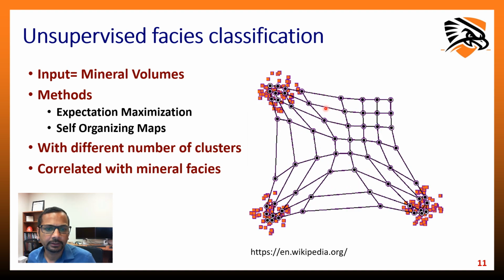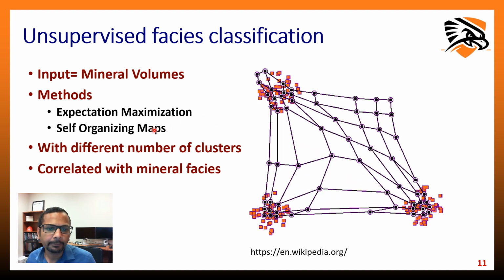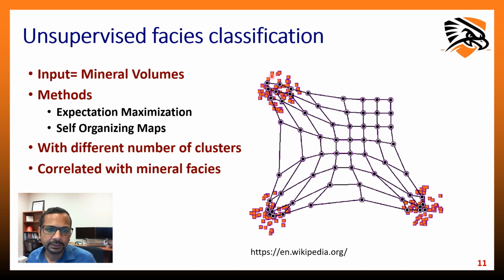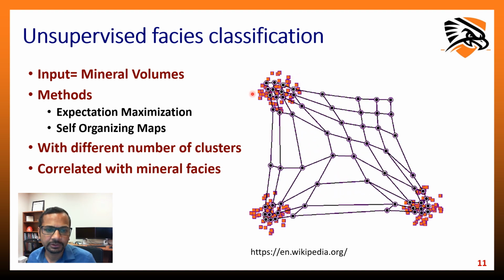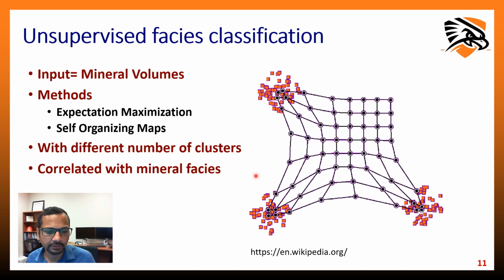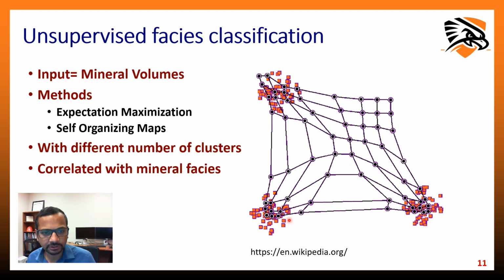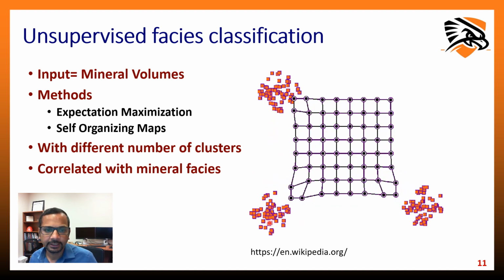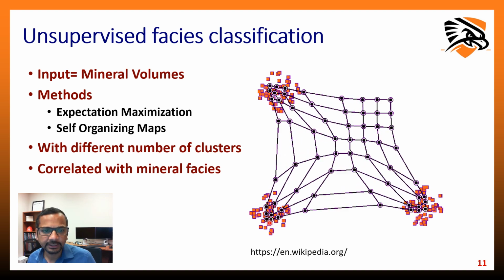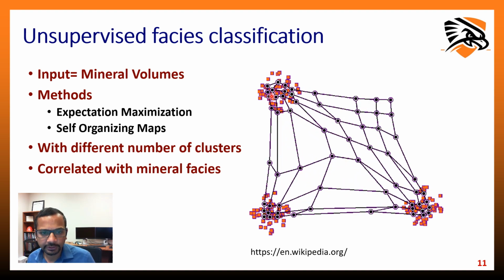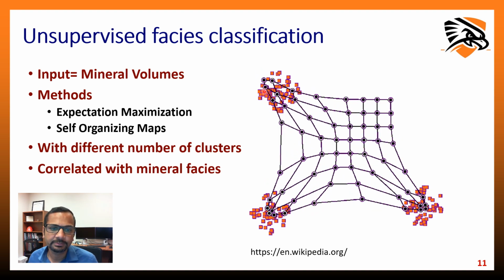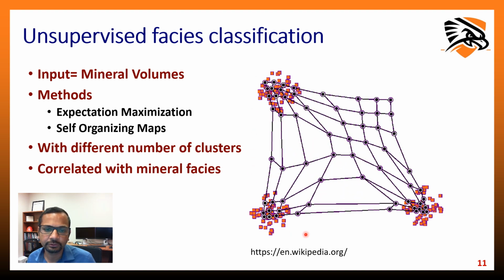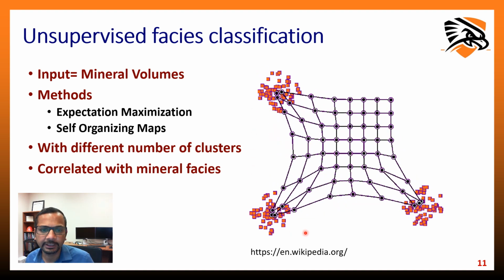Whereas in the self-organizing map process, the data from a higher dimensionality space is transformed into a two-dimensional latent space. And the best thing about the self-organizing map is that in this process of transformation, the topological order is still maintained.